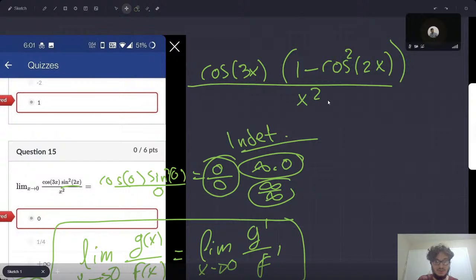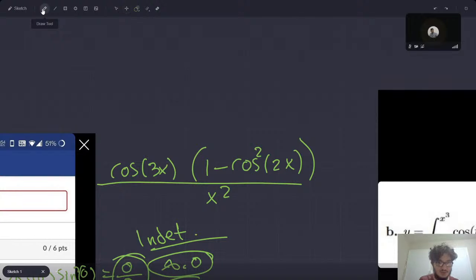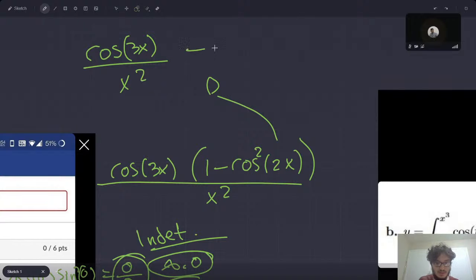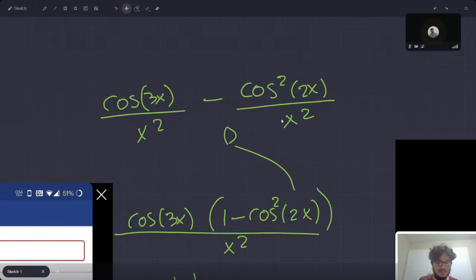But then of course you would need to separate this a little bit, right? So you would need to change this into cosine of 3x divided by x squared, and then minus cosine squared of 2x divided by x squared, right? And then you take the derivatives. You know that the sum of the limits is going to be the same. The limit of this you can split up. You can do anything to the limits. So, okay.